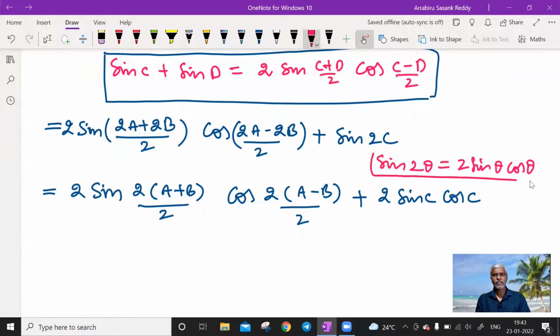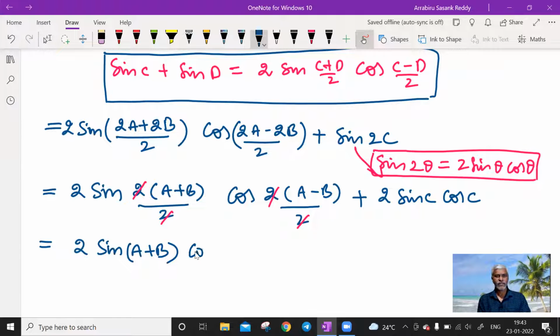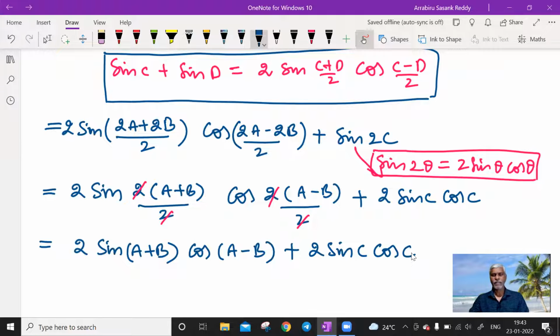Now the 2 will get cancelled. This is equal to 2 sin(A plus B) cos(A minus B) plus 2 sin C cos C.